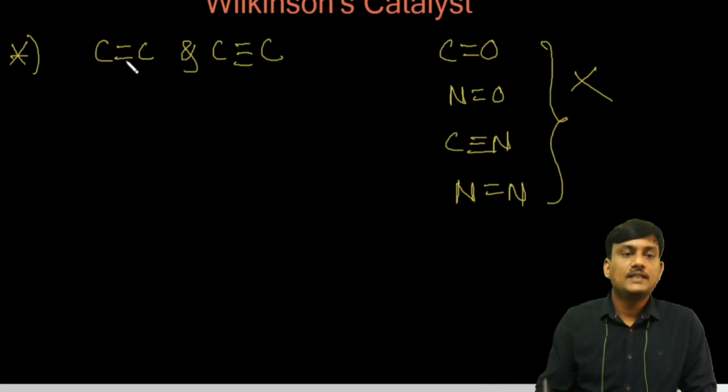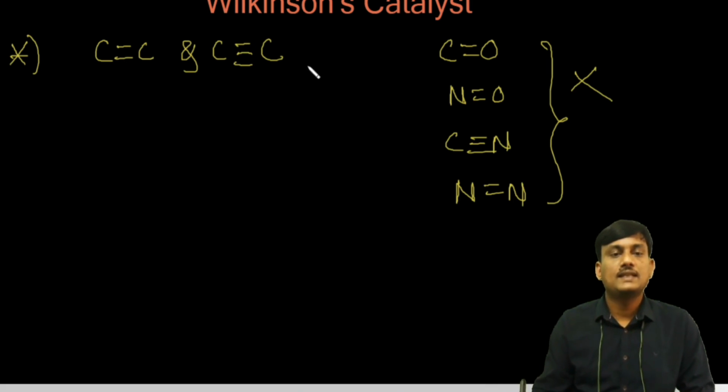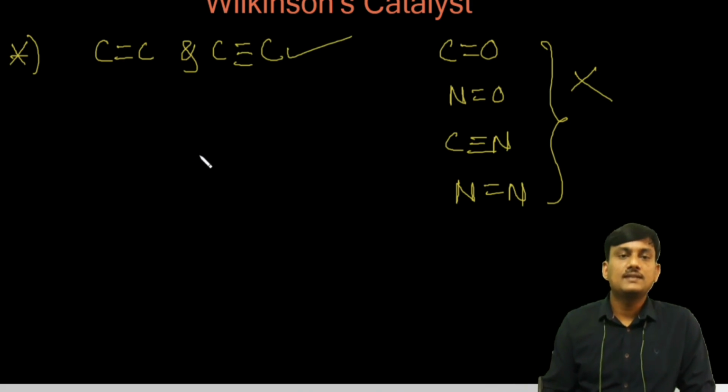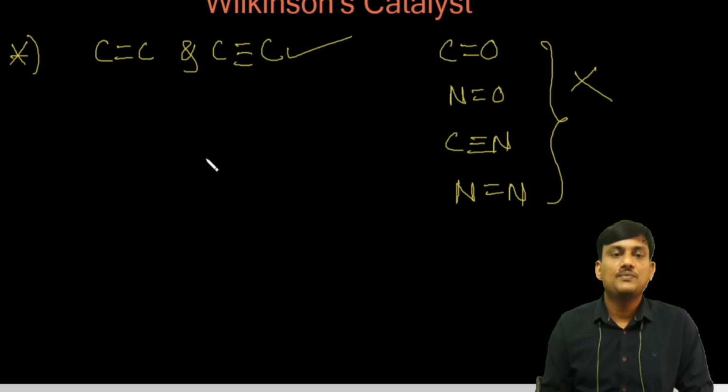Only C double bond C and C triple bond C can be reduced. This one is very selective. It cannot reduce the functional groups which have C double bond O, N double bond O, C triple bond N and N double bond N.